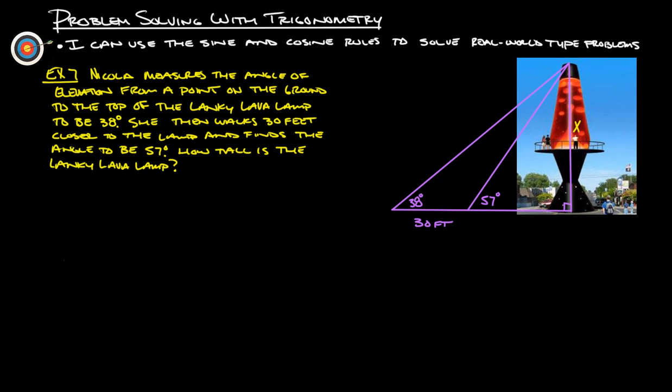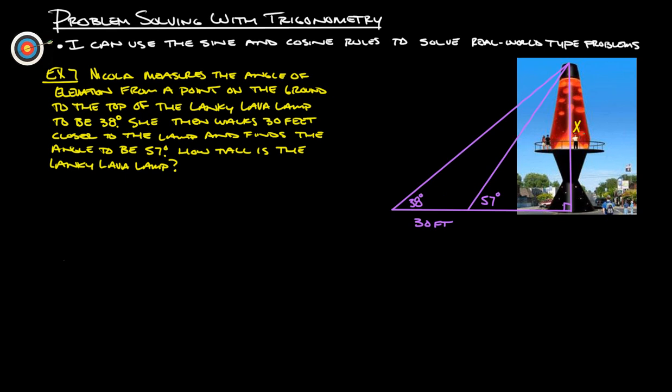Okay, so what we have is this measurement here and these measurements here. What we're trying to do is figure out what this is here. So what we can do is figure out what these other two angles of this triangle are, and then we can use this angle and this angle and this side to figure out what this side is.